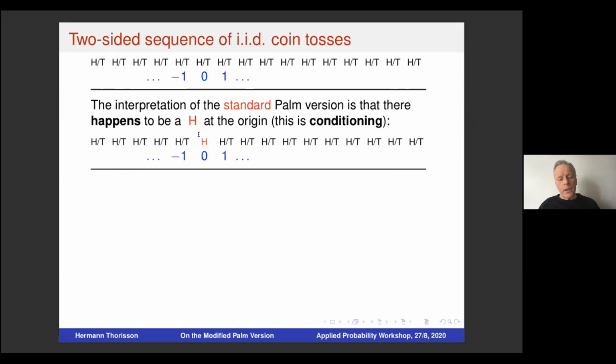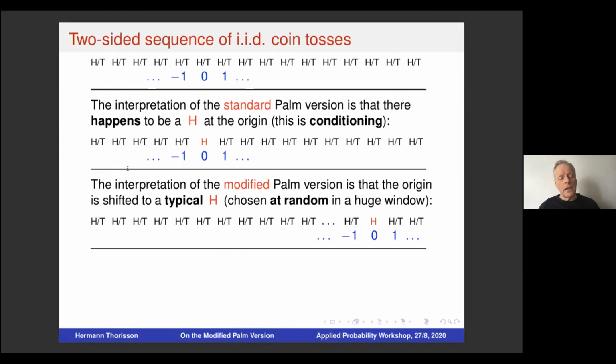The modified one comes in this way. The interpretation of the modified Palm version is that the origin is shifted to a typical head, chosen at random in a huge window. So you see, we are up here in the stationary sequence, and we take the origin and shift it to a randomly chosen head.